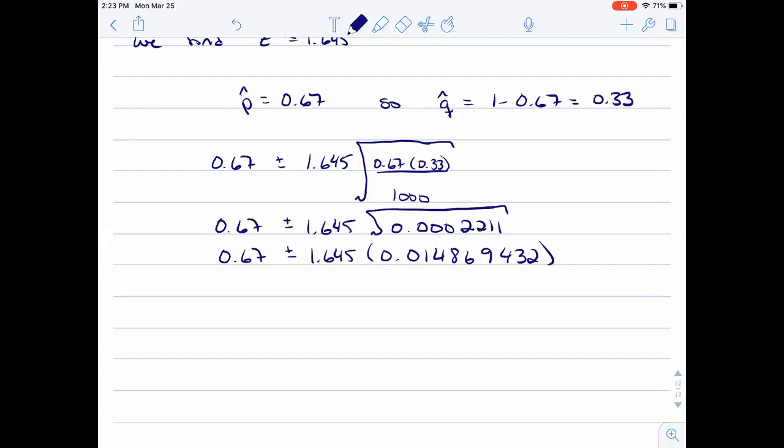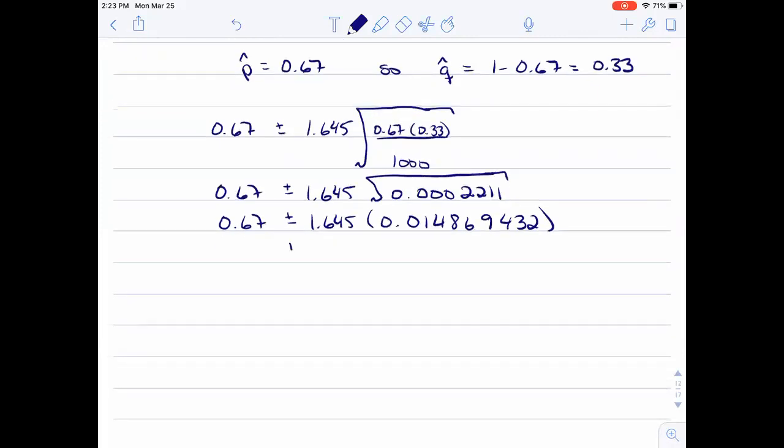Times 1.645. We get 0.67 plus minus 0.02446021. The 0.0244, that's your margin of error.